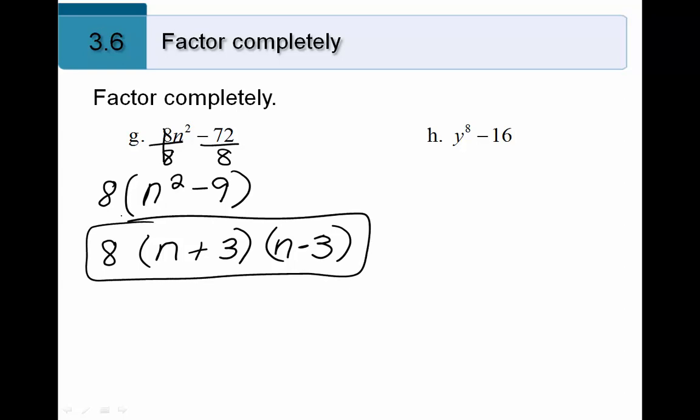H is also a difference of squares. Y to the 8th minus 16. That will factor to y to the 8th, y to the 4th times y to the 4th. 16 is 4 times 4. One is positive, one is negative. You cannot factor y to the 4th plus 4.